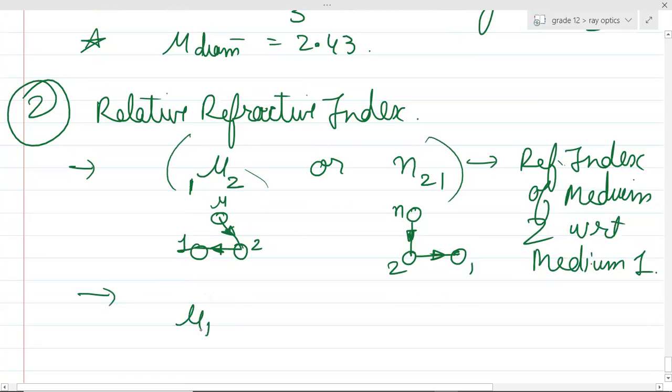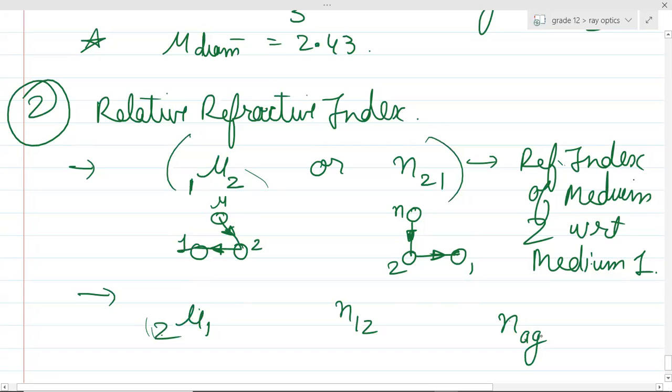Tell me, if it is given like this, then how will you read it? Refractive index of medium 1 with respect to 2. Are you getting my point? First go towards this and then here. Sometimes a question will be given like this: refractive index of air with respect to glass.